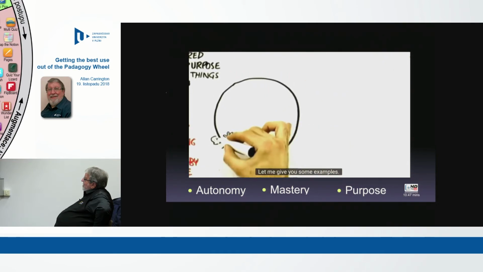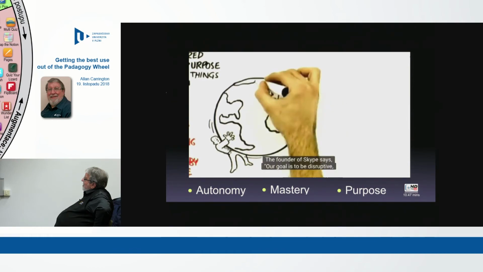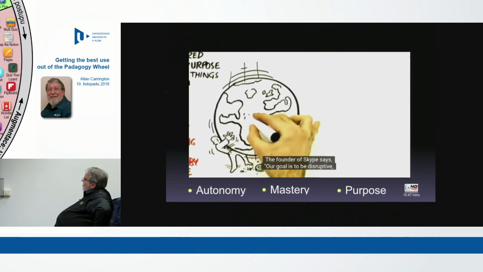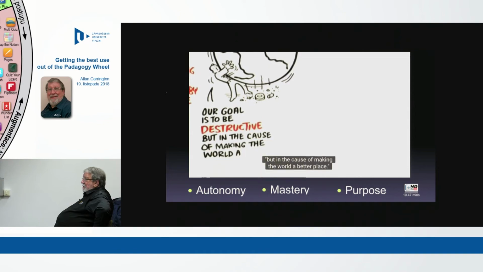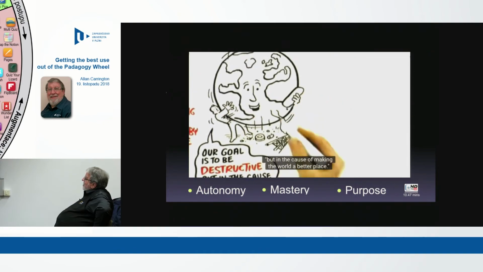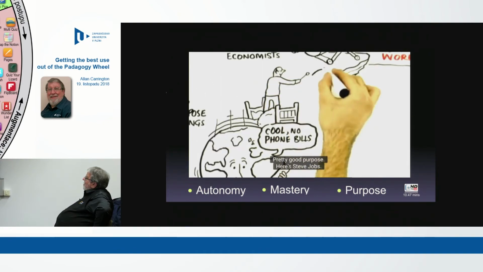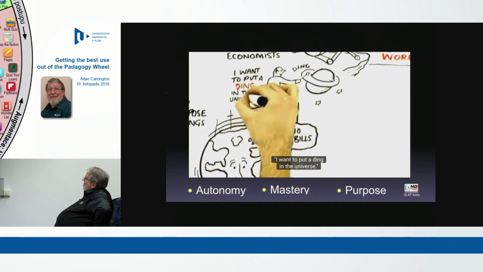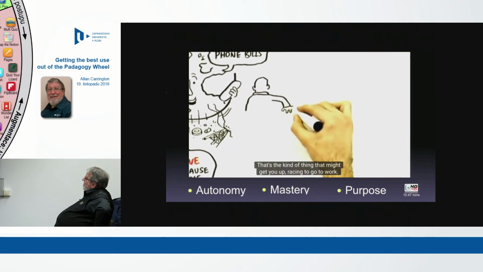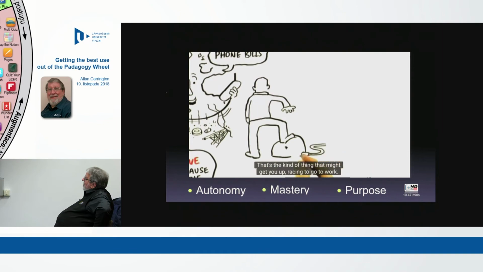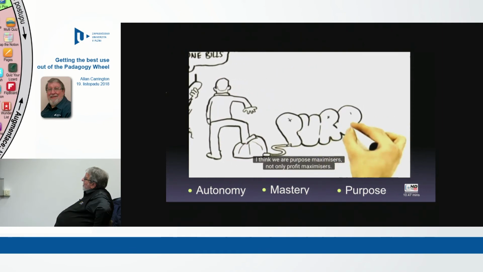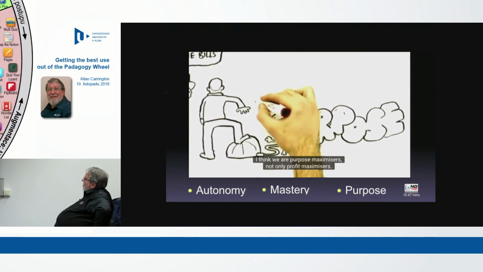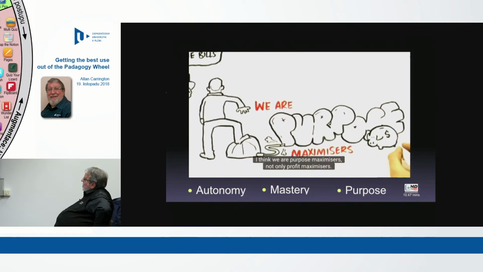Let me give you a couple of examples. Here's the founder of Skype. He says, our goal is to be disruptive, but in the cause of making the world a better place. Pretty good purpose. Here's Steve Jobs. I want to put a ding in the universe. All right? That's the kind of thing that might get you up in the morning and racing to go to work. So I think that we are purpose maximizers, not only profit maximizers.